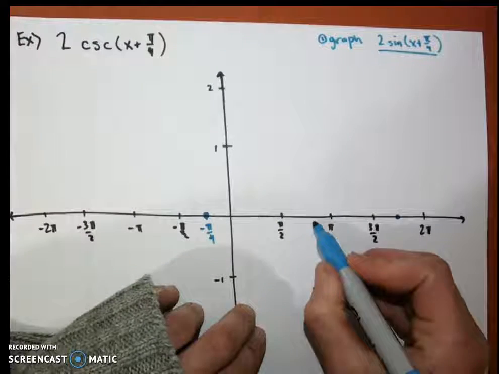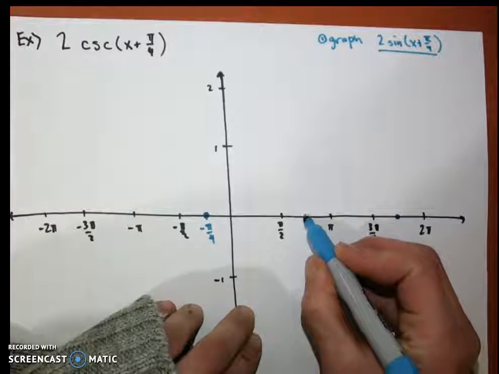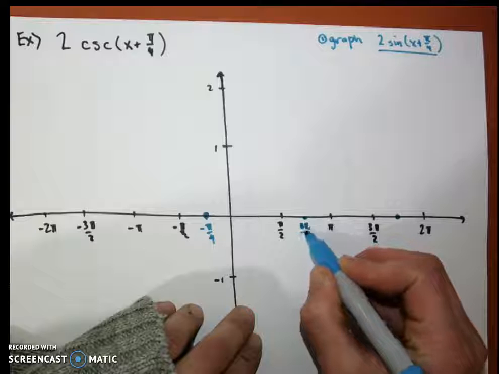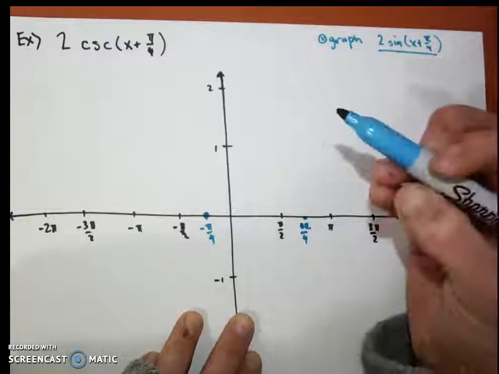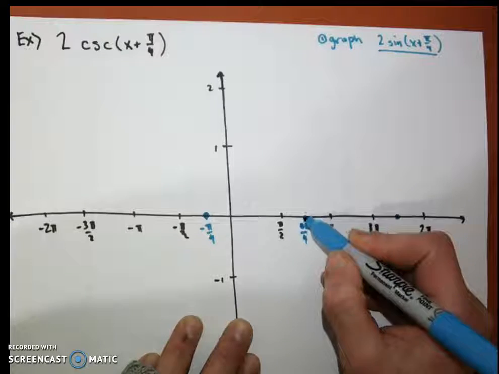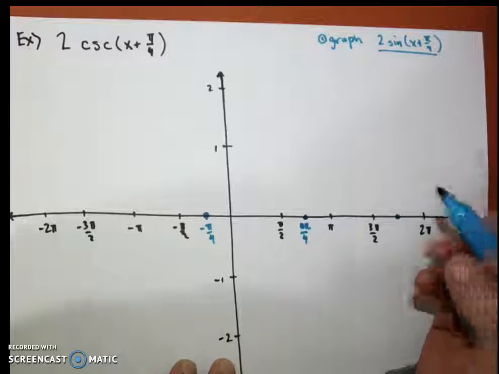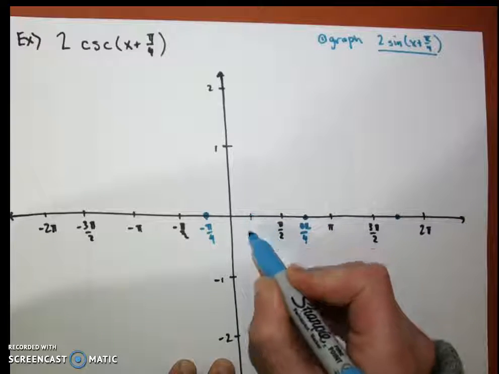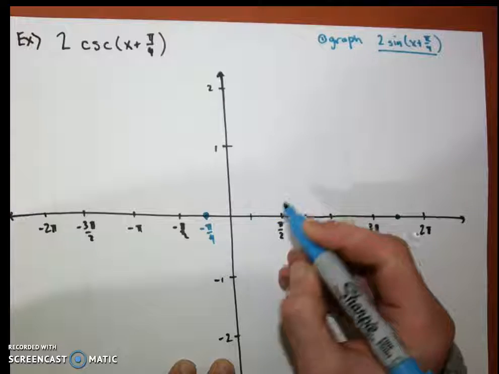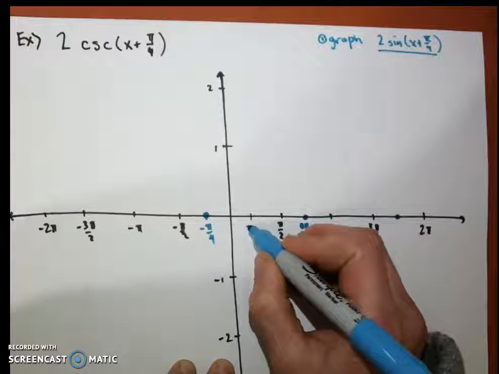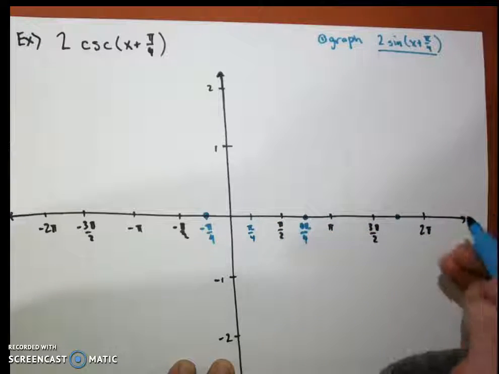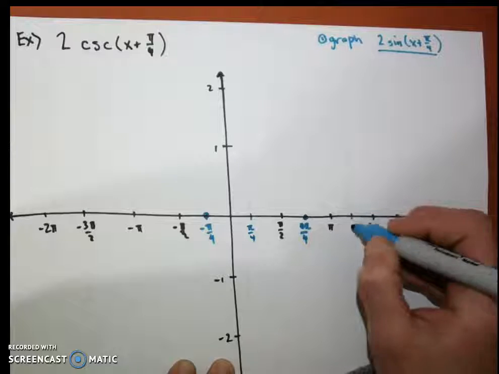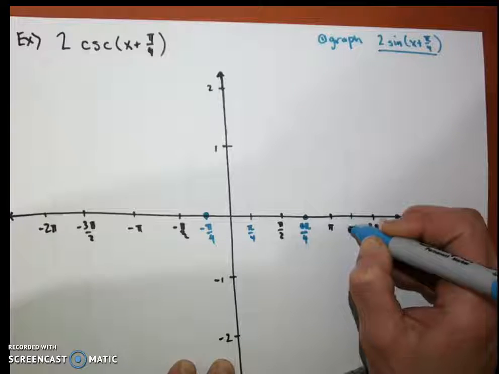And the center of it, instead of being at pi, will be at 3 pi over 4. So these are going to be my zeros. My maximum, instead of being at pi over 2, will be pi over 4 to the left of that. So this is going to be a max. The min is going to be shifted by pi over 4.